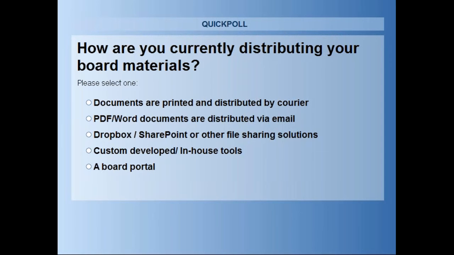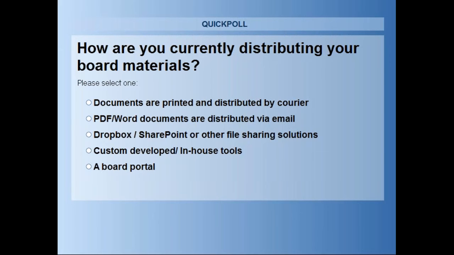Or 3, you may be using a solution like Dropbox or Google Drive for file sharing. Or 4, you may be using your own custom developed in-house tools. Or the final option, you may already be using a board portal such as Diligent provides. We are just waiting a few seconds before closing the poll and then displaying the result in a moment.